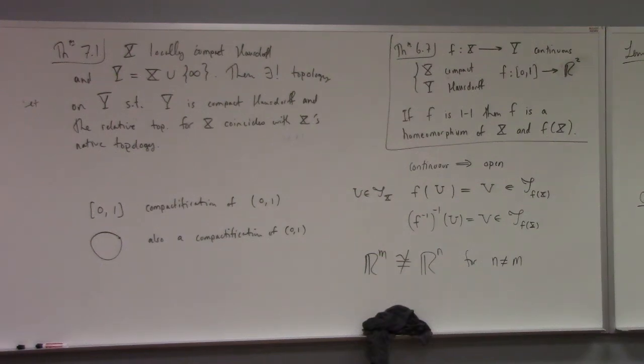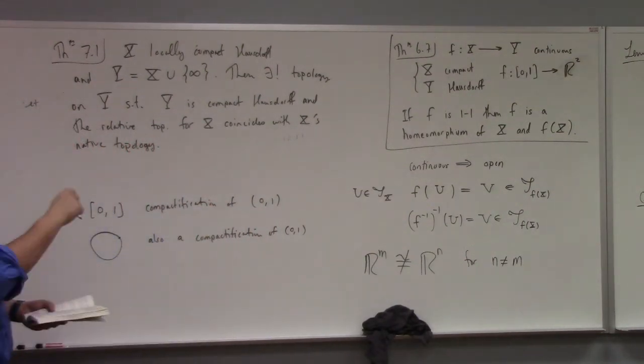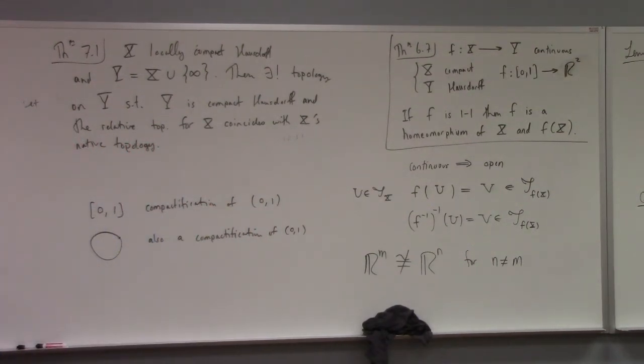Which one is the one-point compactification? The circle, right? Because you're just gluing a point at quote-unquote infinity, identifying the endpoints, thus making it compact. And these are topologically distinct.